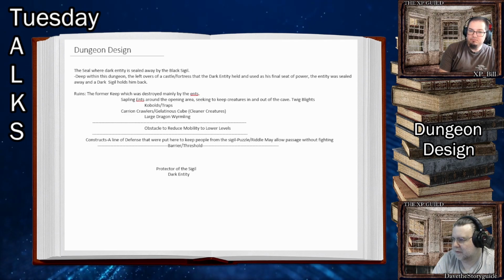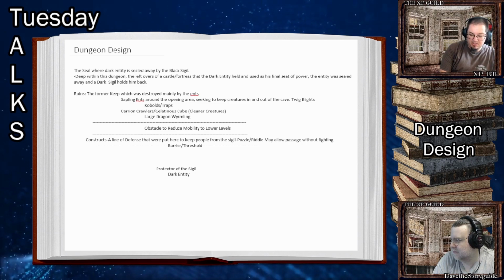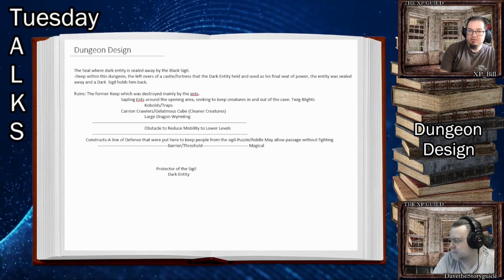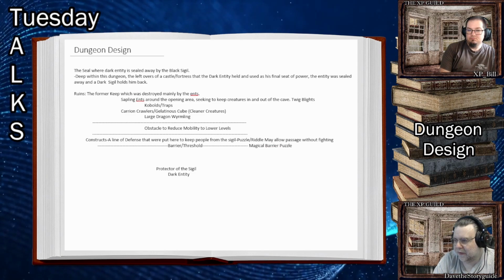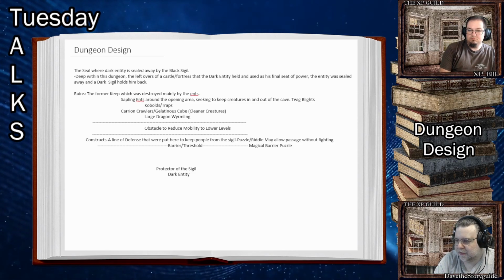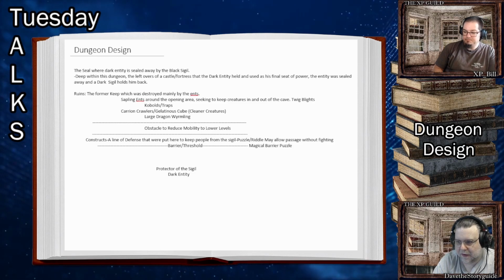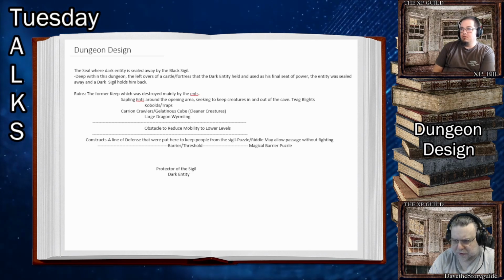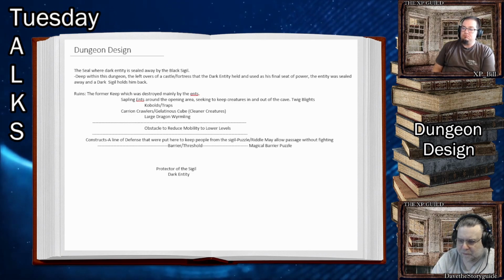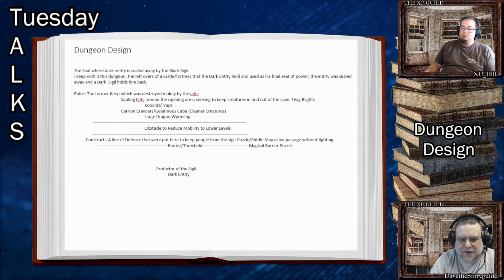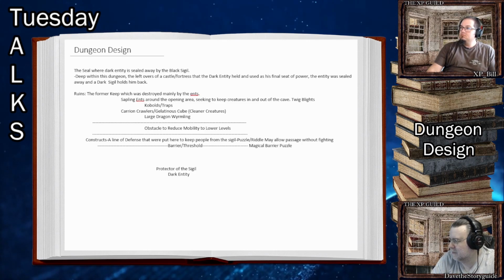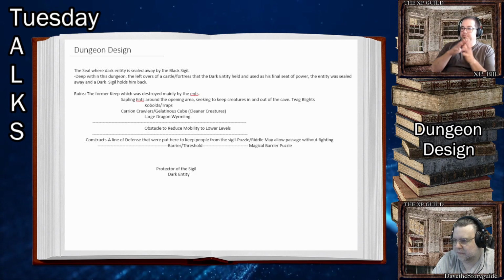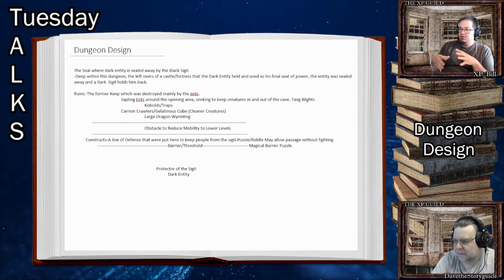So this could be a magical barrier puzzle. Oh yeah, even so much that you've got to not only do a series of dispel magics, but maybe put the square peg in the round hole at the exact moment in time. Once again, you want your party to be able to move forward.